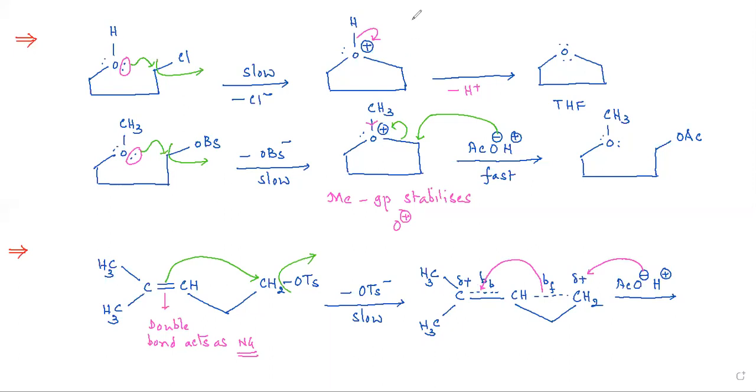Okay. So finally giving rise to this particular product. CH3, CH3 double bond. You got a CH, then what? You got this bond, then the CH2, which is now connected to OAc. Okay. This is how a double bond also can act as neighboring group.